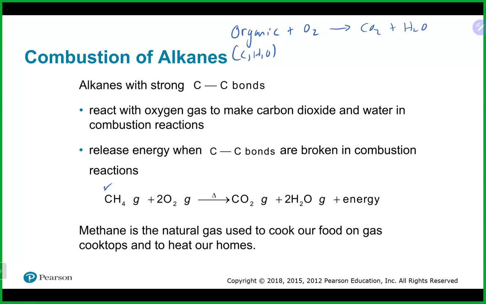Methane plus some oxygen in the air, a little bit of spark, and you get fire, and will always produce CO2 and water. So in an organic combustion reaction, those three are almost a constant: O2 on the left-hand side, and it always produces CO2 and water. It is possible to produce carbon monoxide in an incomplete combustion reaction, but usually CO2 and water is what you see on the right-hand side.